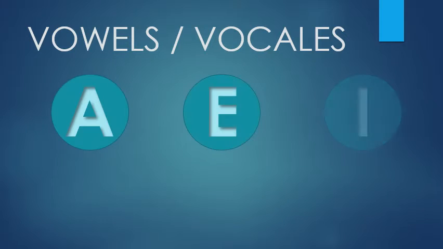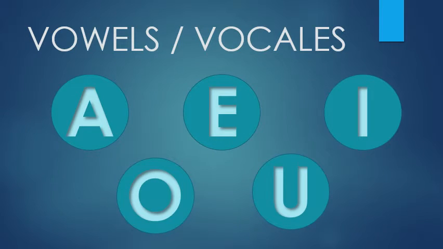There, of course, are our good friends A, E, I, O, U, or in Spanish, A, E, I, O, U. Now, when you're spelling in Spanish, it gets very frustrating sometimes because the English E and I sound like the Spanish A and E. So make it very clear which language you're spelling in.